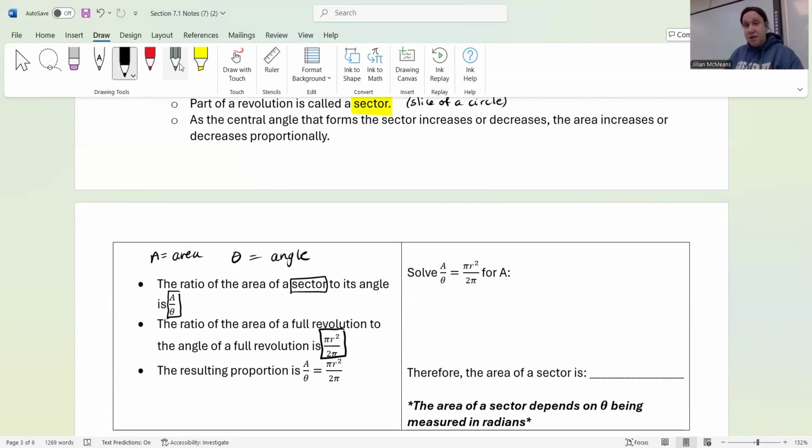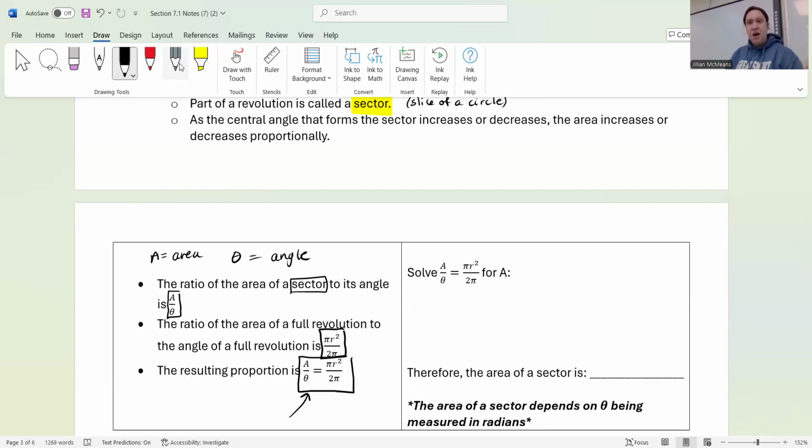So we can take the area of a sector and the area of a full revolution, and create a proportion. This shows the proportional relationship of a sector compared to the full revolution of a circle. If we solve this proportion for A, we have a way to come up with the area of a sector.